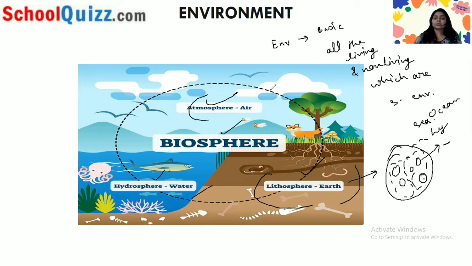And the atmosphere: the layers of gases present in our environment, the uppermost top layer of the earth, is known as the atmosphere, okay. And all those three, that is the atmosphere, the hydrosphere and the lithosphere, together constitute the biosphere. So what is the biosphere?